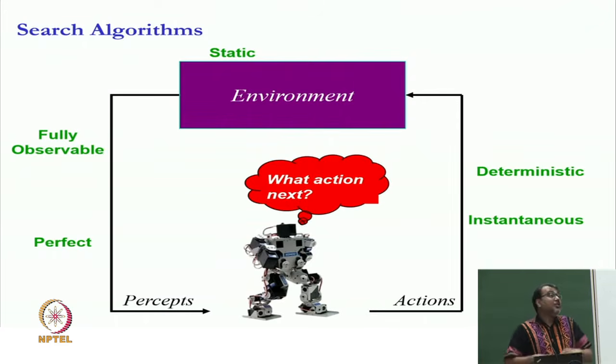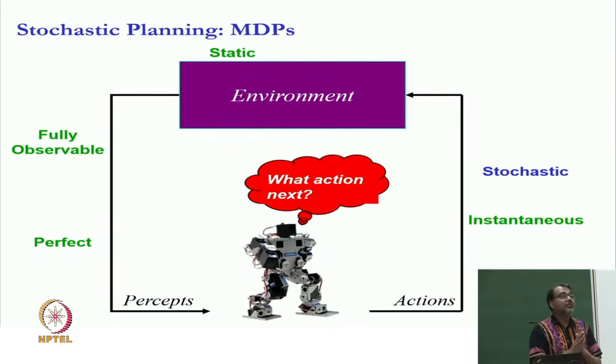So, the most difficult problem to solve is a dynamic environment, partially observable, noisy sensors, actions take time, actions are stochastic, and we will not get to the very full blown problem, right. But the one problem that I want to work on now is when we make one change, that everything else is the same, we have a fully observable world, the world is perfectly observable, but our actions have stochastic outcomes.